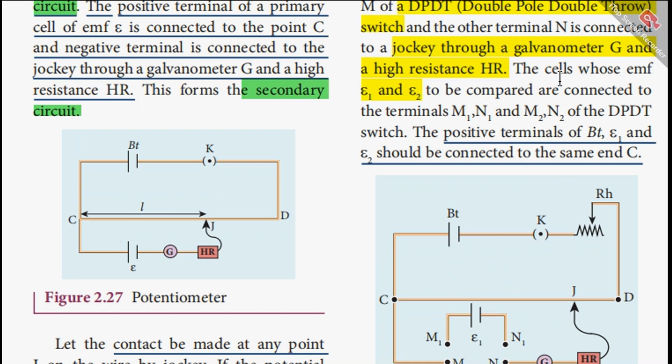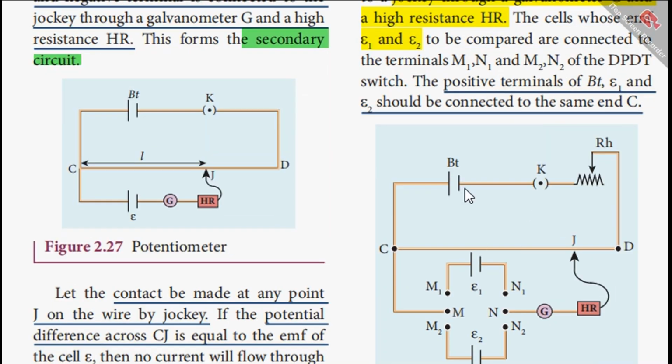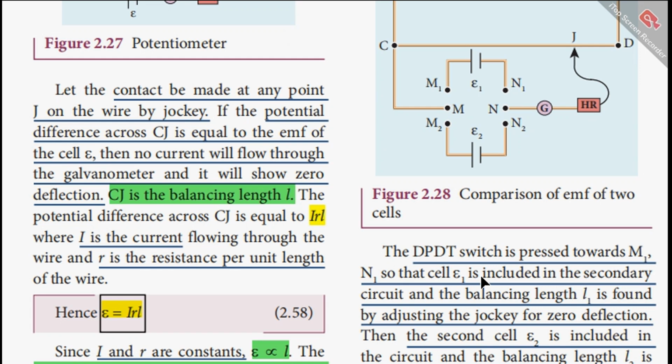The cells whose EMFs E1 and E2 are to be compared are connected to the terminals M1, N1 and M2, N2 of the DPDT switch. The positive terminals of BT, E1 and E2 should be connected to the same end C. Then the DPDT switch is pressed towards M1, N1, so that cell E1 is connected in the secondary circuit, and the balancing length L1 is found by adjusting the jockey for zero deflection.